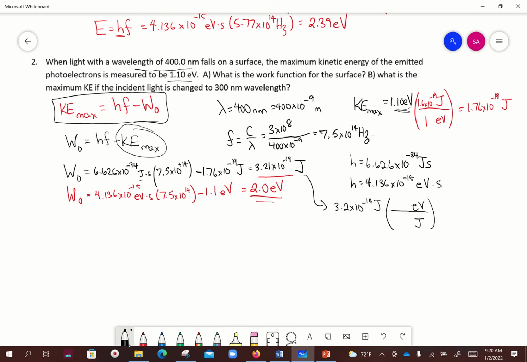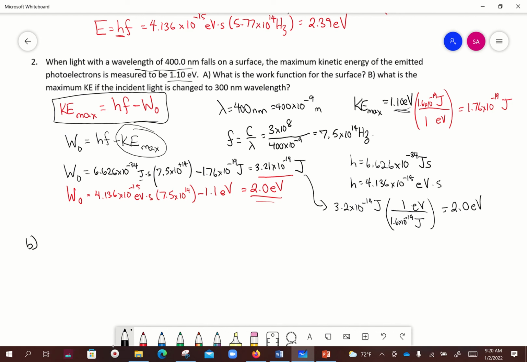Okay, so 1.6 times 10 to the minus 19 joules is 1 eV, and I would still get 2.0 eV. So whichever way makes you more comfortable. The way I did it in red, you didn't have to do any conversions. The way you did it in black, you had to do 2 conversions. First, you had to convert the Ke max into joules, and then you had to convert your final answer back into eV. All right, so that's part A.